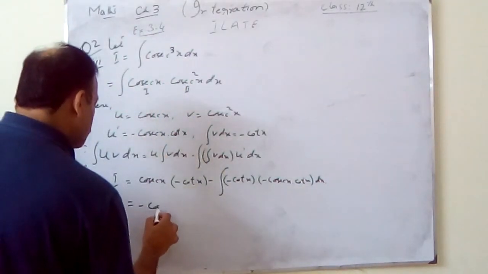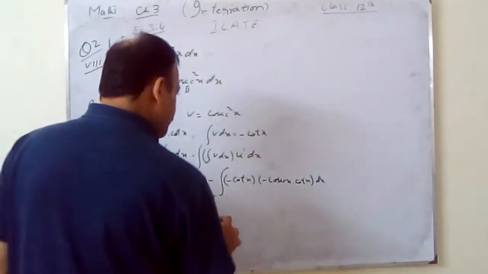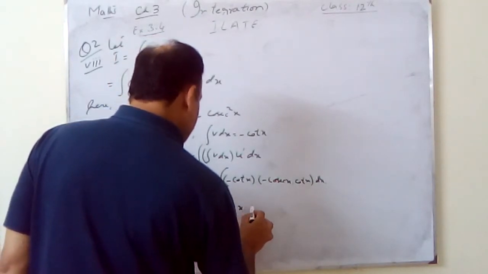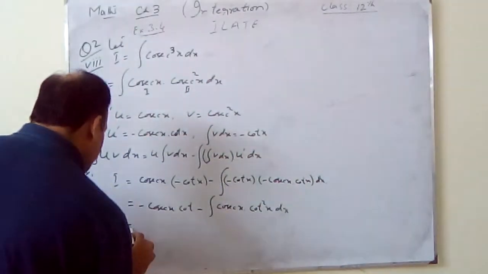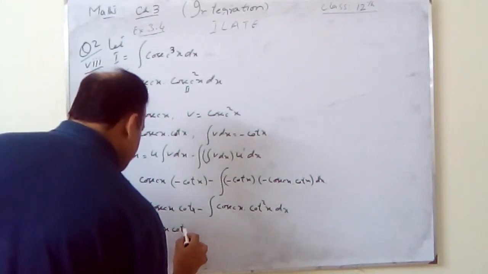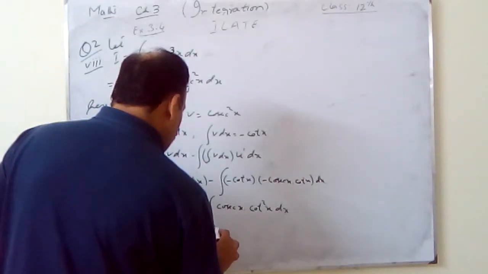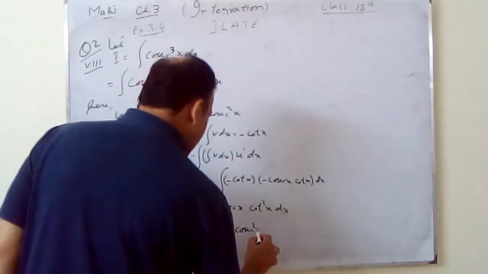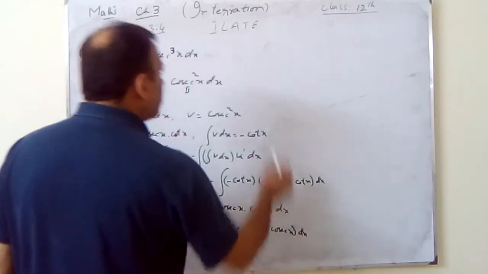Or minus cosecant x cot x minus the integral of cosecant x cot square x dx. Or minus cosecant x cot x minus the integral of cosecant x into cosecant square x minus 1 dx.